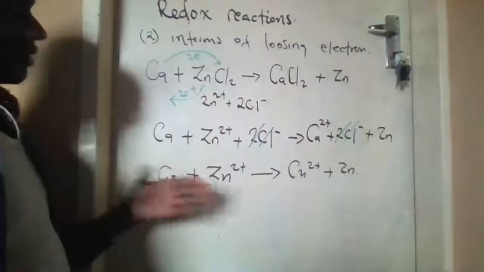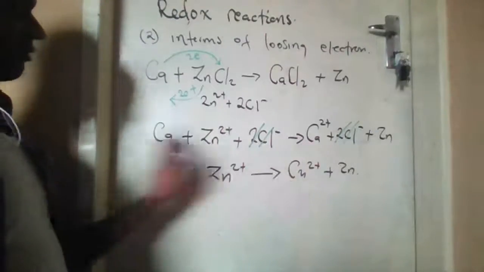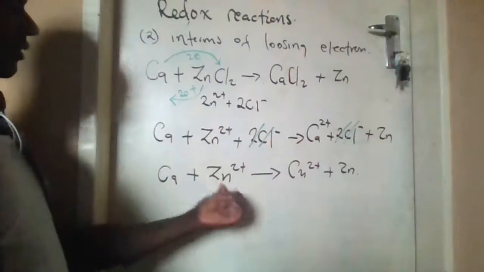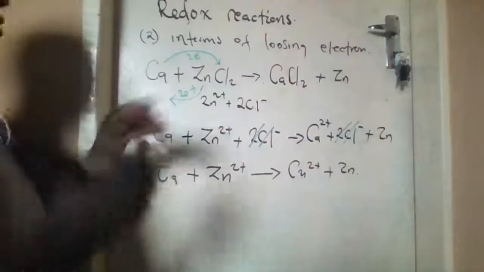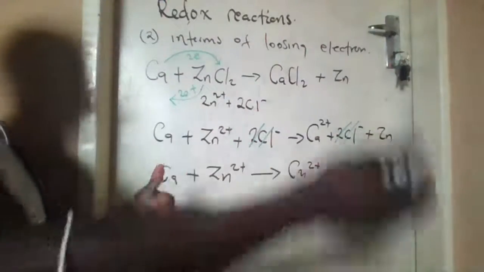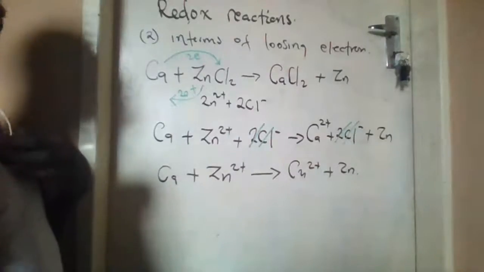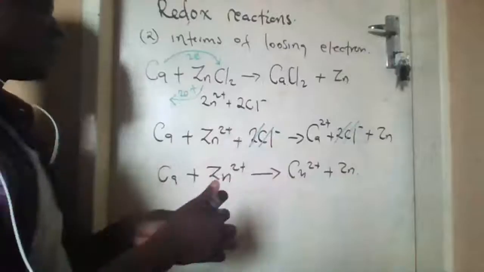In this case, pause the video and ask yourself, which one of these two, either calcium or zinc 2 plus, has lost electrons? Because we're talking about losing electrons, which will also bring about the increase in oxidation state. Pause the video and ask yourself, and then later on you resume to see if you can do this.